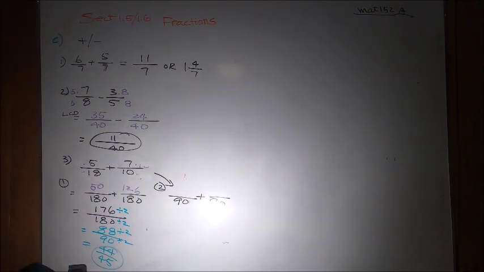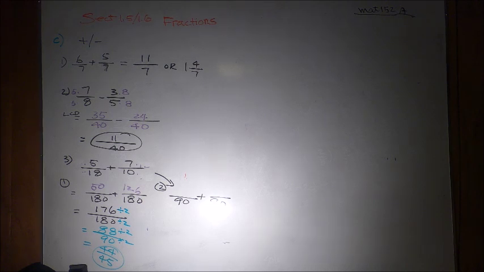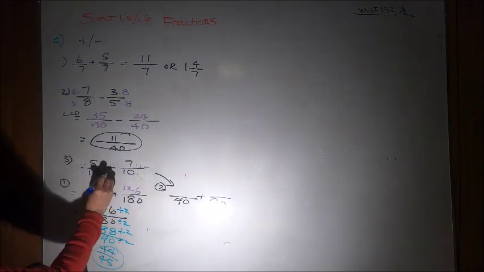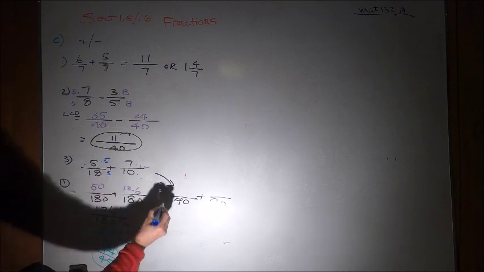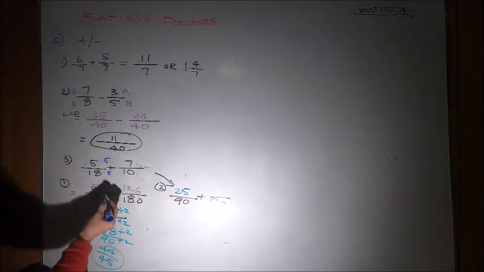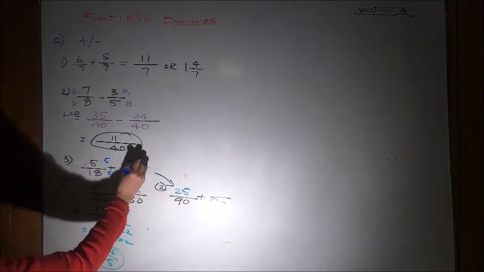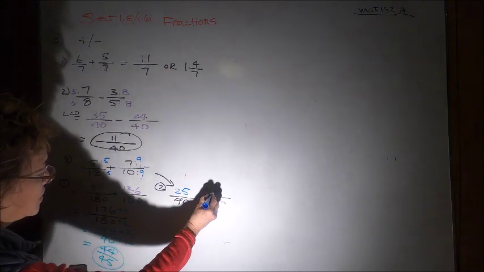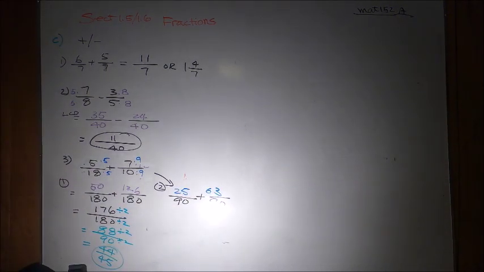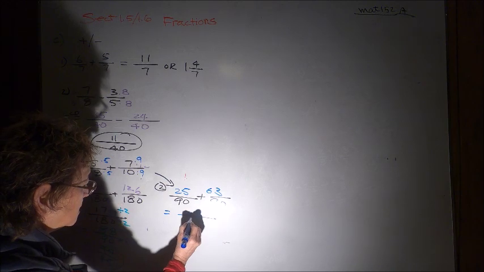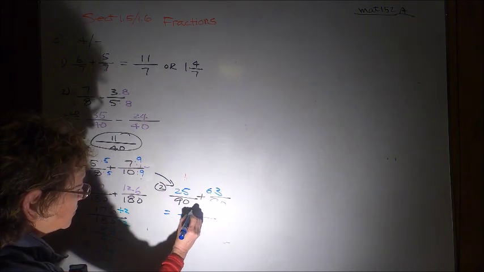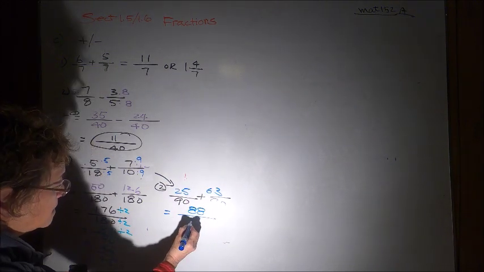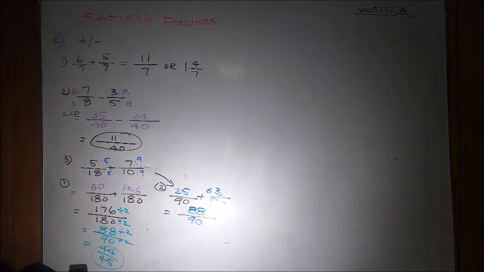So if we do that, going into it 5 times, that would be 25. Going into it 9 times, that would be 63, right? So if you put it together, 25 plus 63, that would be 88 over 90.